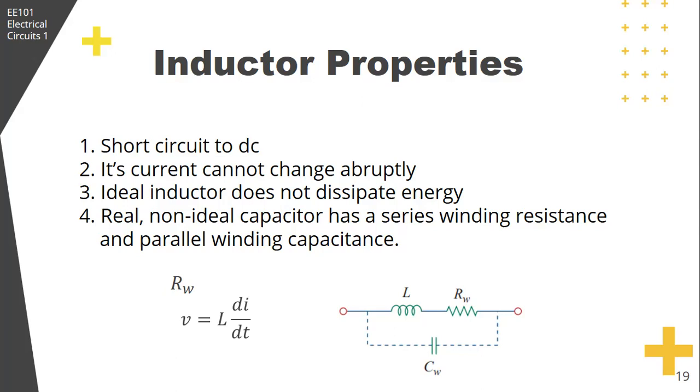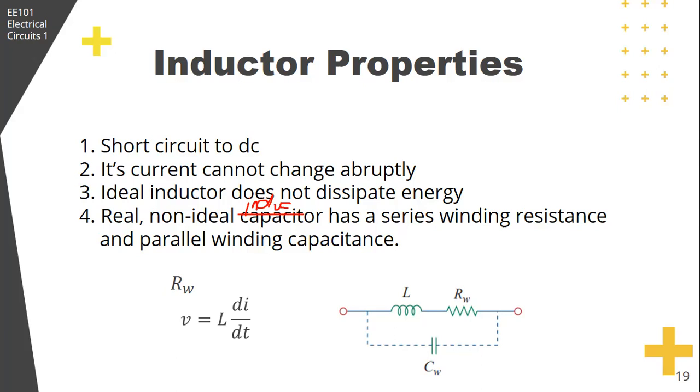Then number 3 is that an ideal inductor does not dissipate energy. They are storing devices. The non-ideal inductor actually has a series winding resistance, since it is a wire that is coiled, and a parallel winding capacitance.